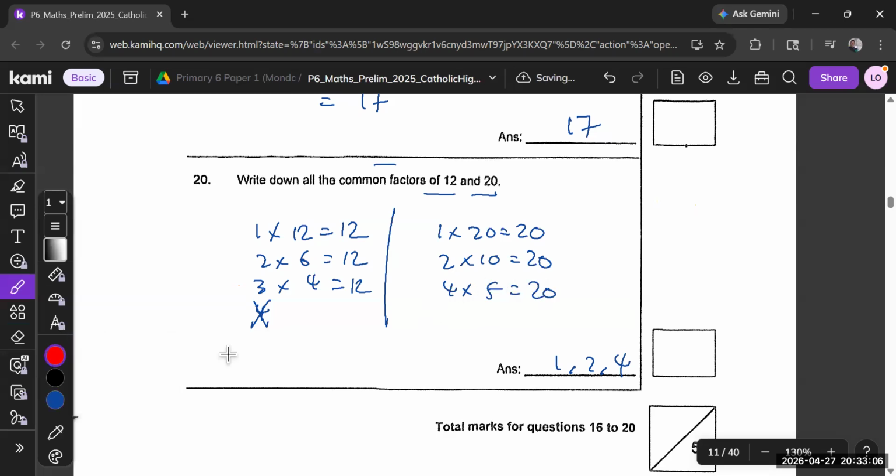Next step: those of you who never do this will make careless mistakes because everything is in your head, which is very dangerous. Circle the common factors: 1, 2, and the 4. That's the common factors: 1, 2, and 4. So all these are 1 mark. Very easy to get. Let's go to the next one.